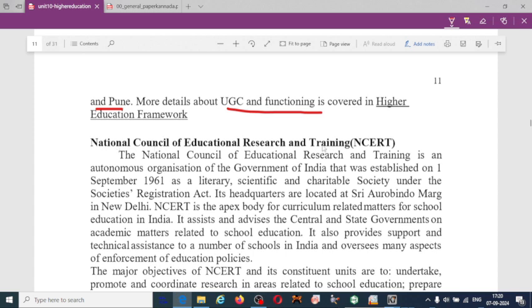Next comes the NCERT, National Council of Educational Research and Training. The National Council of Educational Research and Training is an autonomous organization of the government established in September 1961.